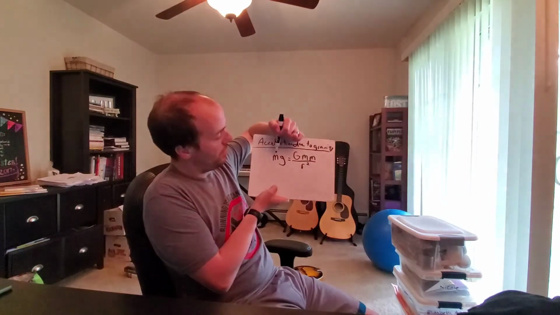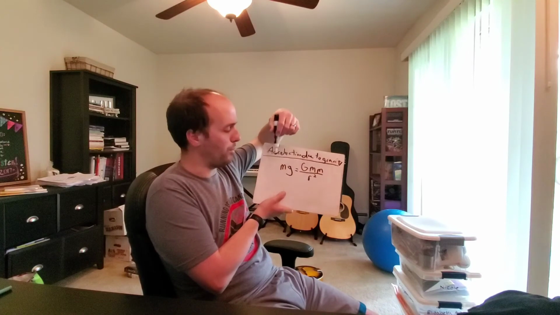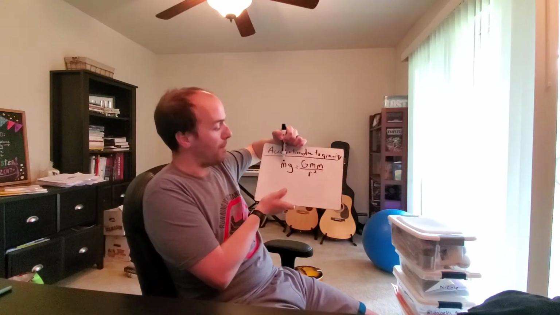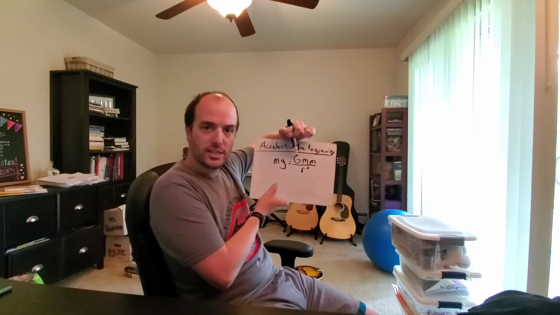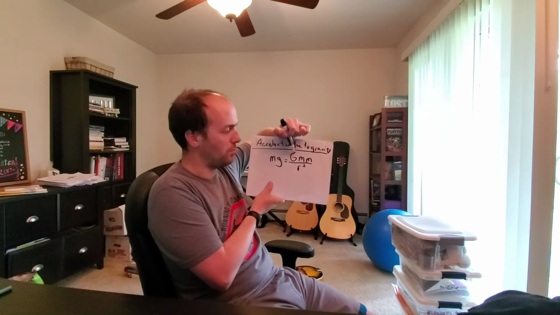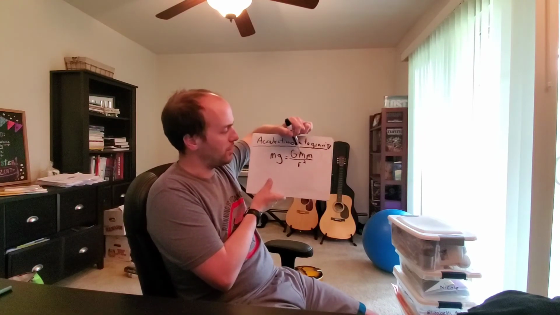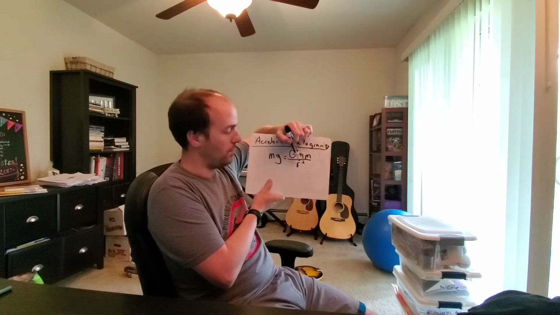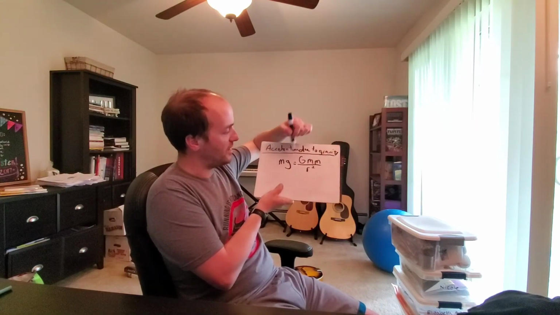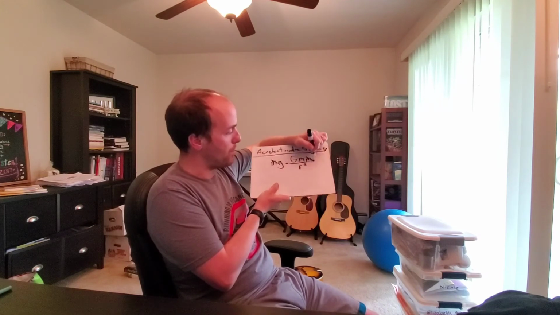Remember, this m will be the smaller mass, so if we were to do this with me, for example, it would be my mass times 9.81 equals the universal gravitational constant, that's 6.67 times 10 to the negative 11 newton meters squared per kilogram squared, times the Earth's mass times my mass divided by the radius of Earth squared. So we have my mass here, my mass here, let's cancel, and we're left with the acceleration due to gravity near the surface of whatever object you're looking at, GM over r squared.